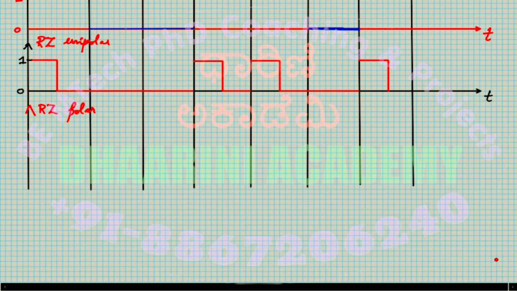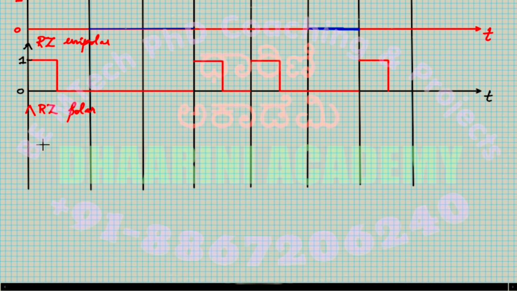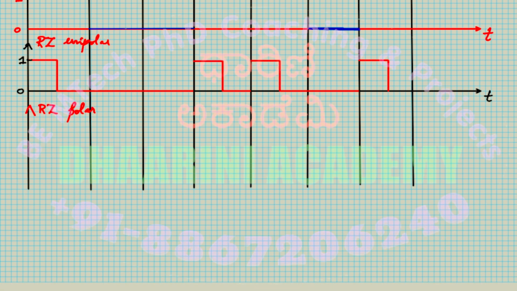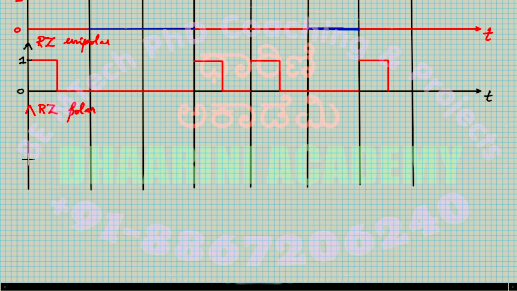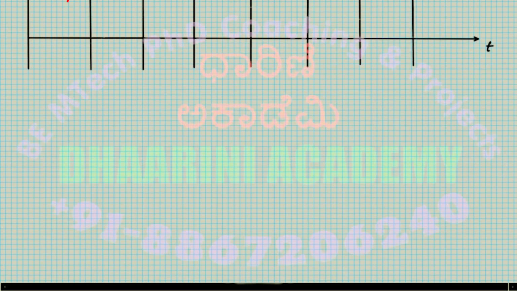Right. Okay, so this is how it's going to look like. Right. So RZ polar has two polarities, right? Okay, I just have to extend this now. Let me just extend.